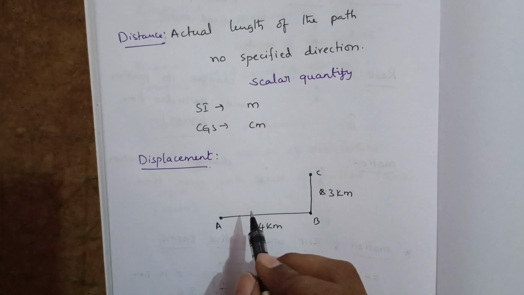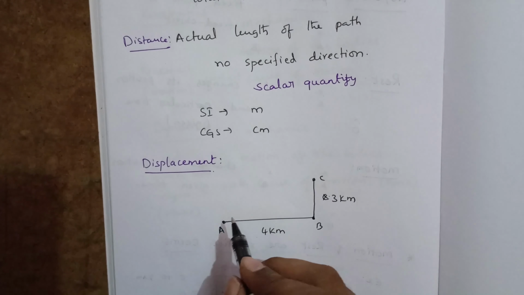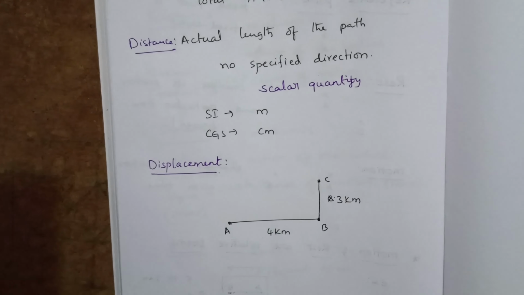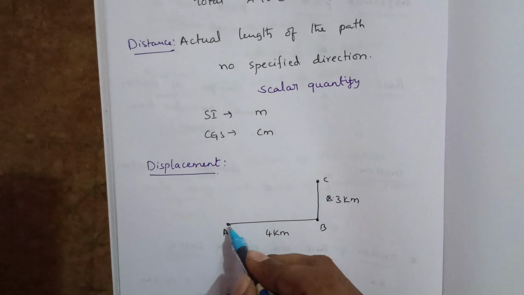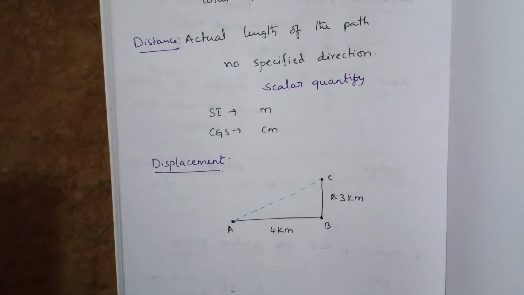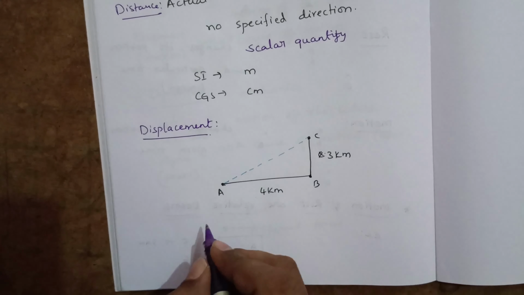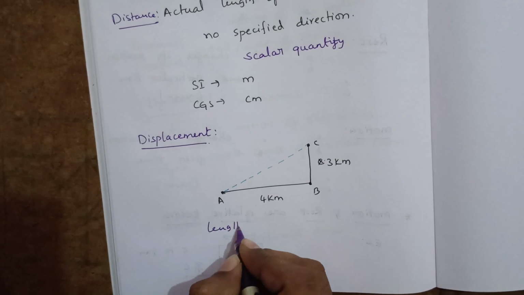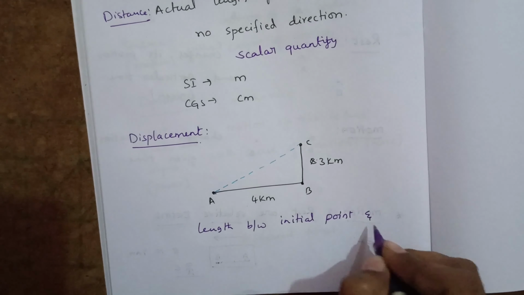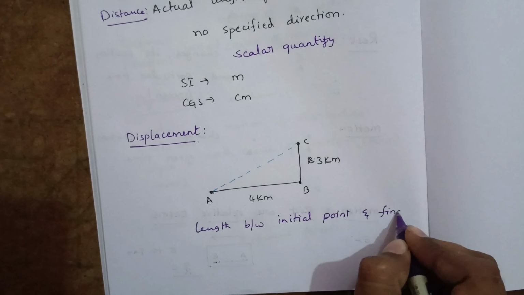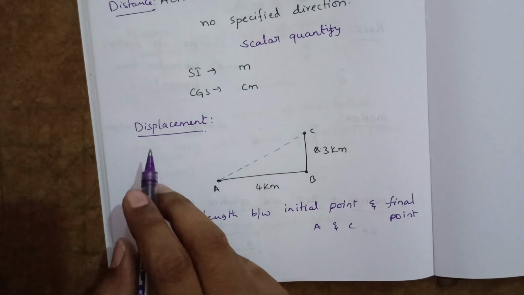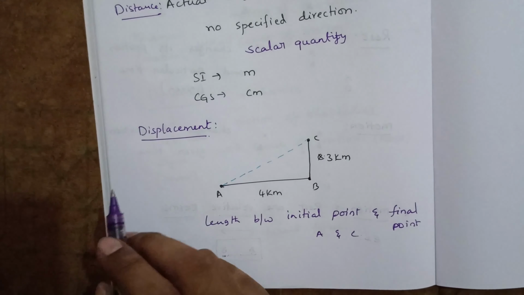The length between the initial point and the final point, A and C, is known as displacement.